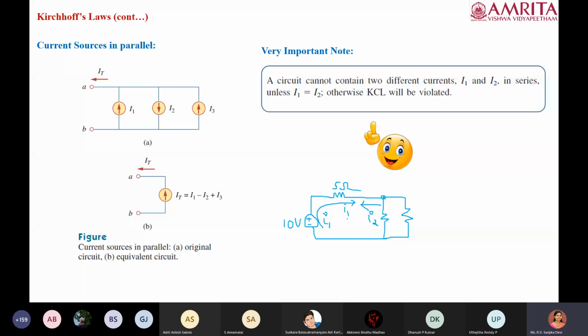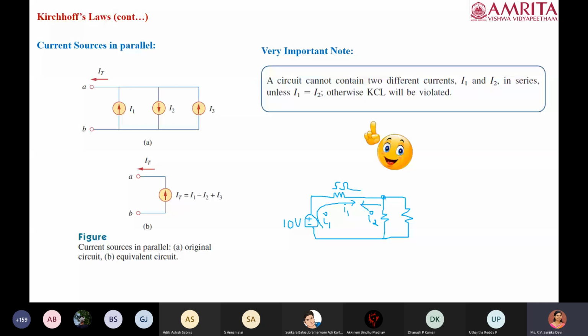If you get a negative value, it means the assumed direction is opposite to the actual one. So the current can flow either the way I have shown, or the opposite way if there is more than one source. But whatever the case, the same current will flow through both elements.